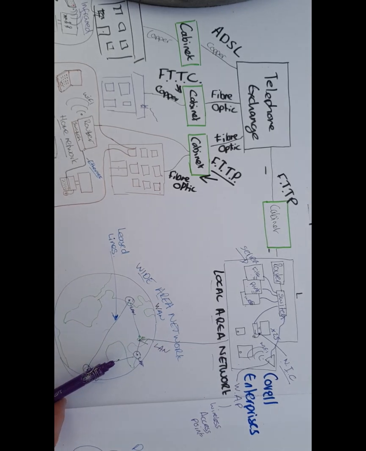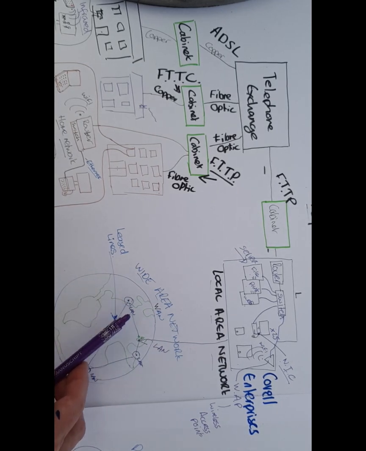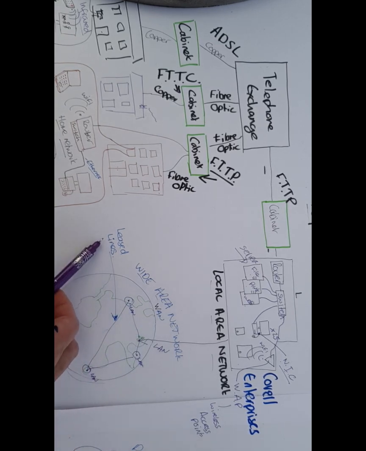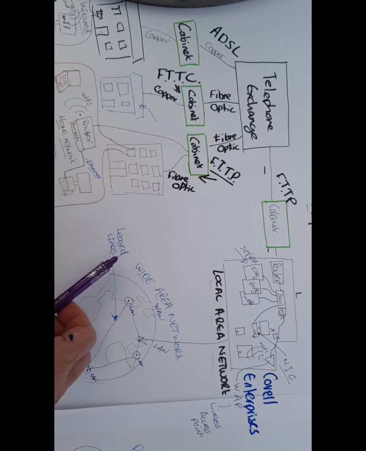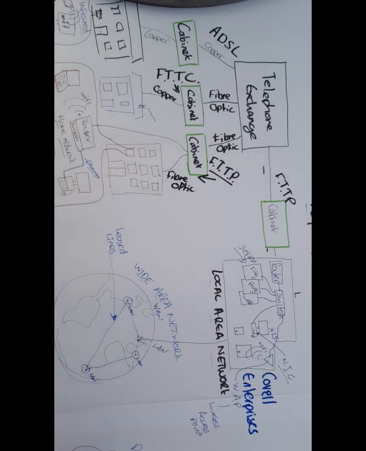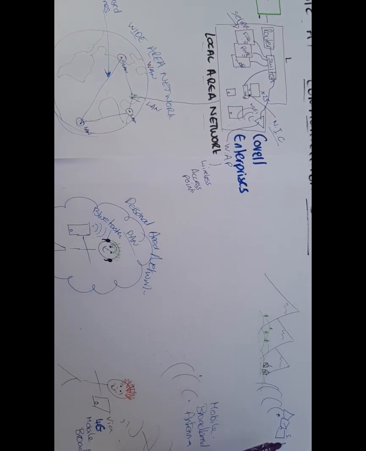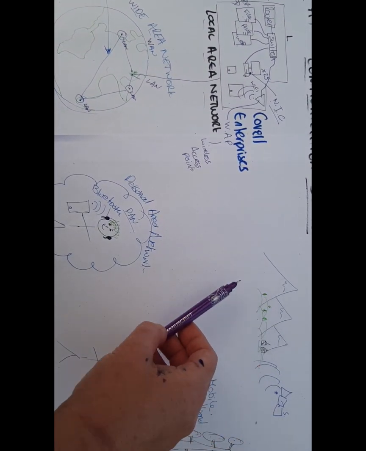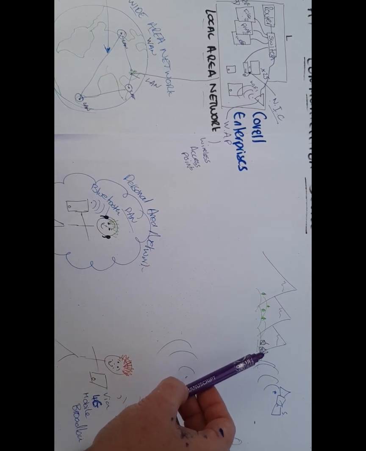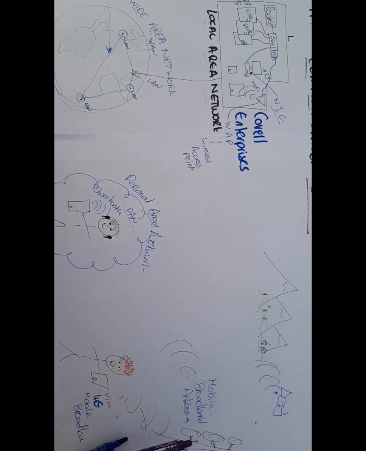Then we talked about making this into a wide area network, connecting all our business locations, their LANs, using leased lines, which are fast connections that we can connect our business together. Then we talked about the use of satellites in rural areas to deliver broadband connectivity and the advances in that using things like Starlink.